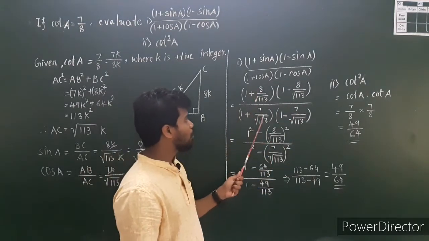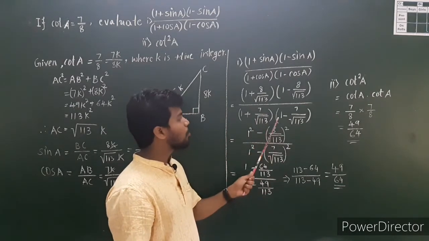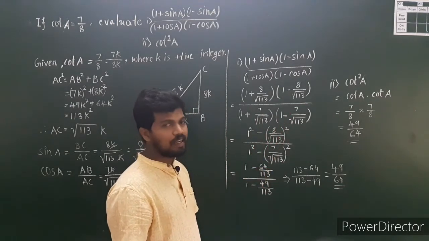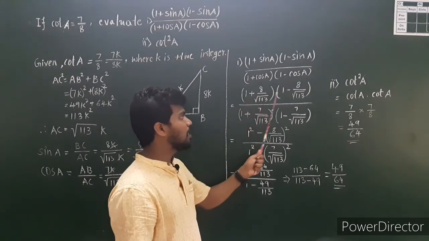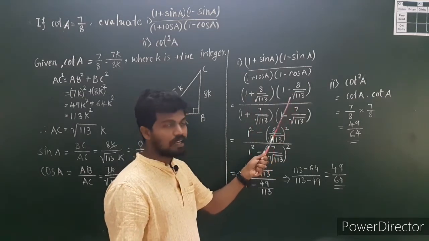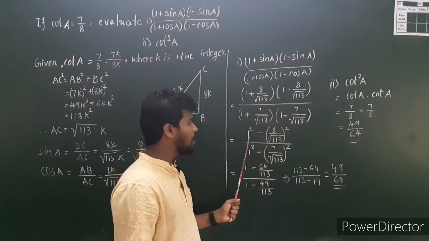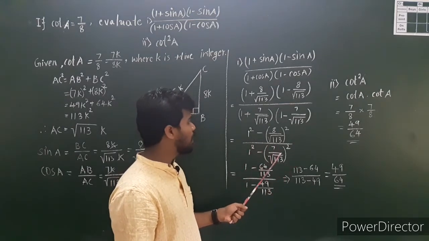And the cos value, 7 by root 113, so 1 minus 7 by root 113. You know that this is in the form of a plus b, a minus b. That is one identity, so you write it as a square minus b square.